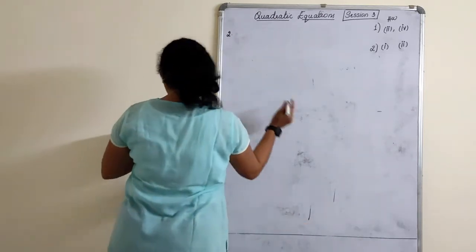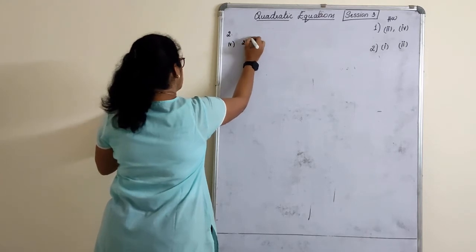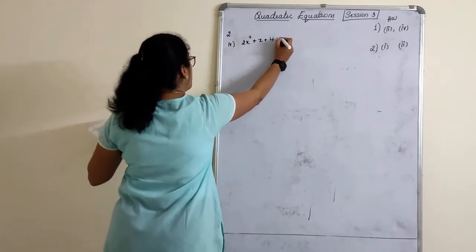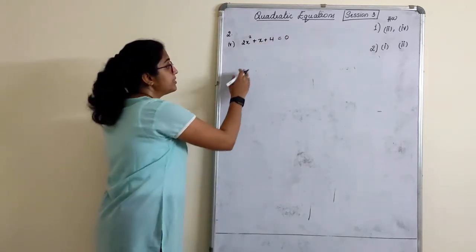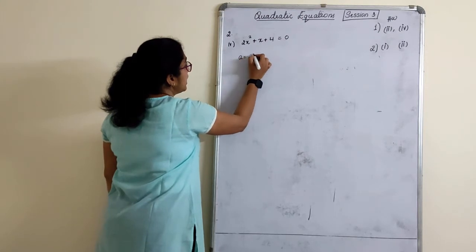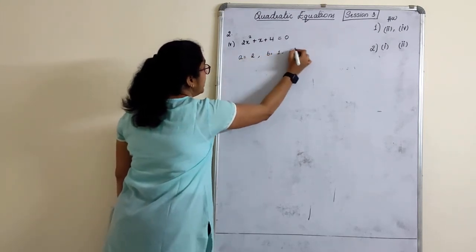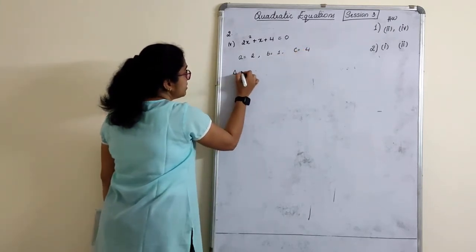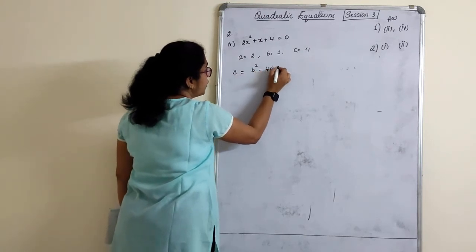So, second main, the fourth one is 2x square plus x plus 4 is equal to 0. So, let's find out what a is. A is 2, b is 1 and c is 4. So discriminant delta is equal to b square minus 4ac.